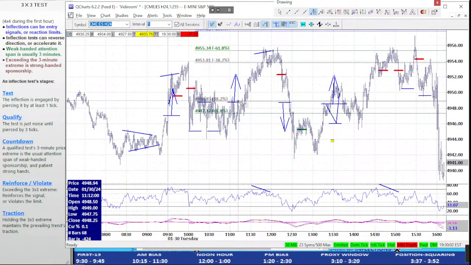They identify the usual attention span of weak-handed, not just weak-handed, but counter-trend sponsorship.